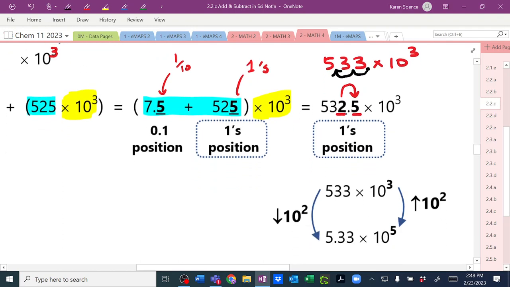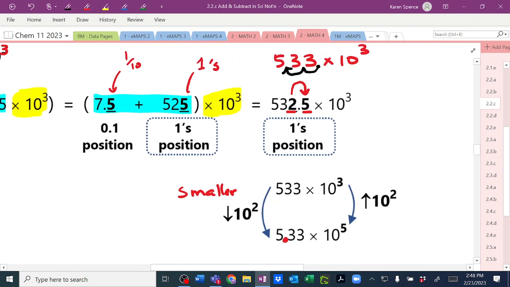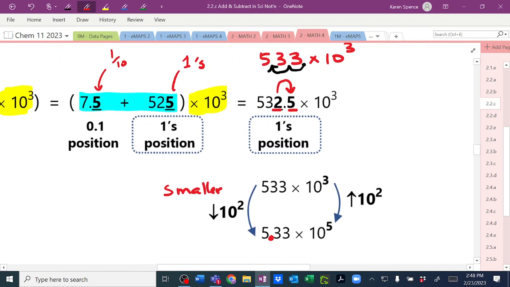We've shown that down here. Our decimal place is now in between the 5 and the 3s. So that number got smaller by 10 to the 2, and then our power of 10 has to get bigger by 10 to the 2.